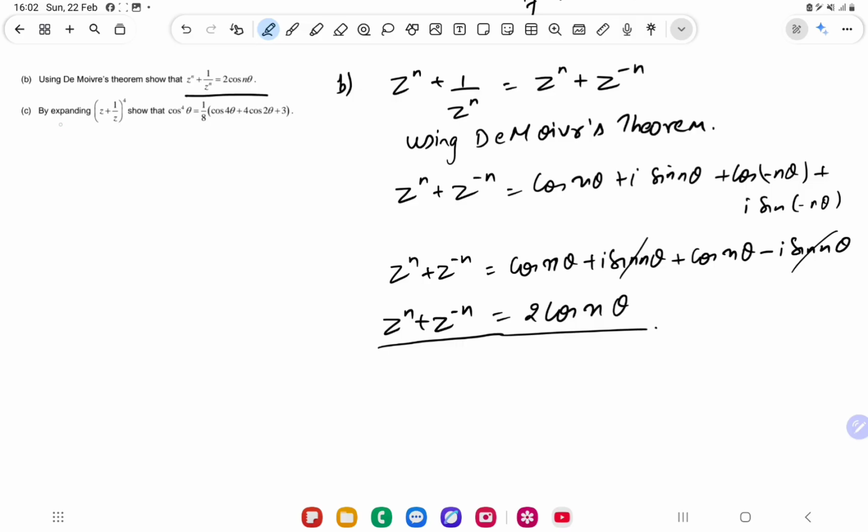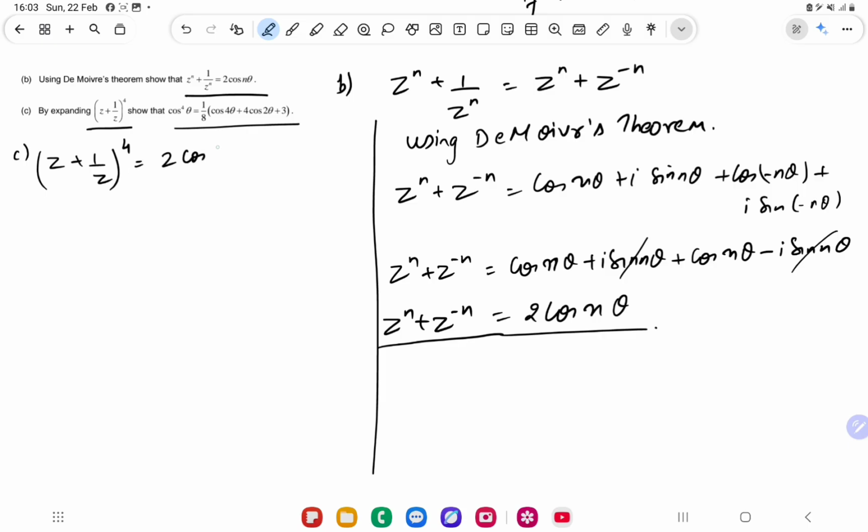Now in the C part, it says by expanding this to the power 4 we have to show this. So we have to use the result of B part to solve this. So z plus 1 upon z to the power 4, I can write as 2 cos theta to the power 4 by using this result.